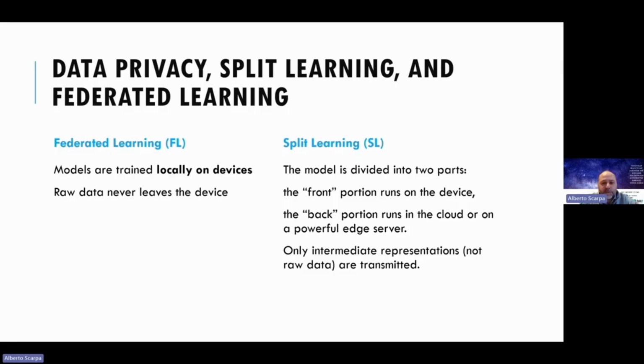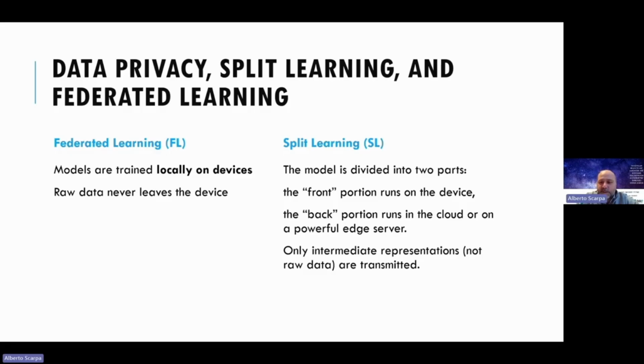The other approach is split learning. In this approach, the model is split in two parts. The front portion runs on the device and the back portion runs in the cloud or on a powerful edge server. So only the result after the front partition is sent to the cloud.